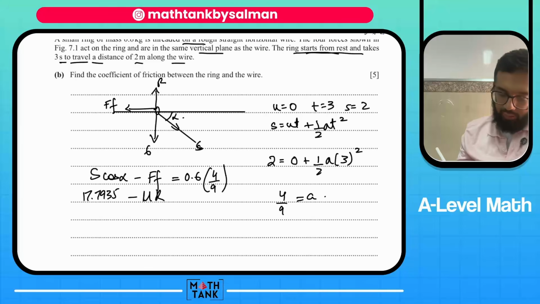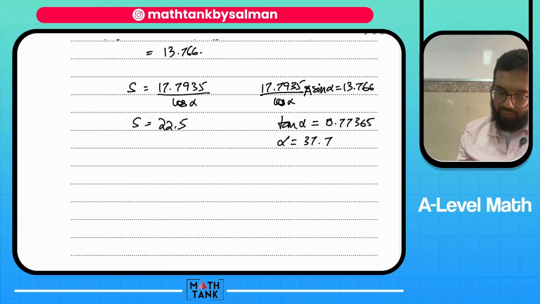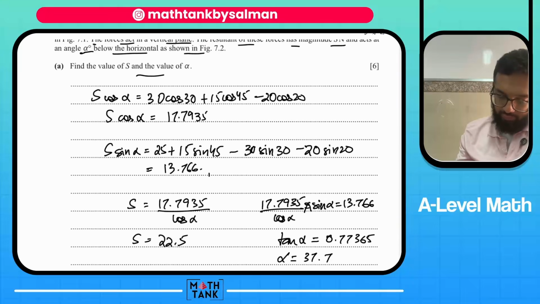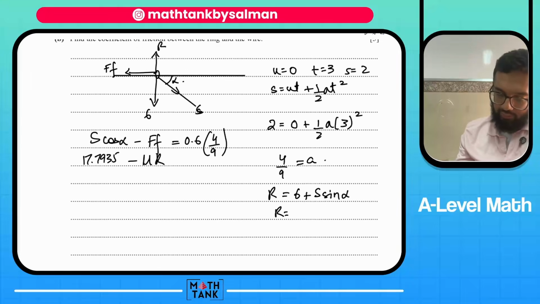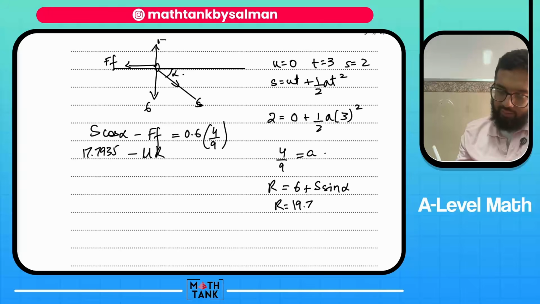I then need to figure out R. So R is just upward forces equals downward forces. S sine alpha is 13.766. So this is going to be 19.766. Okay. 17.7935 minus mu into 19.76.